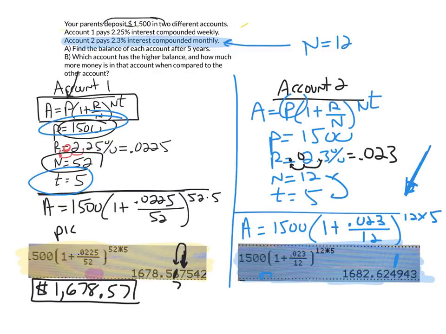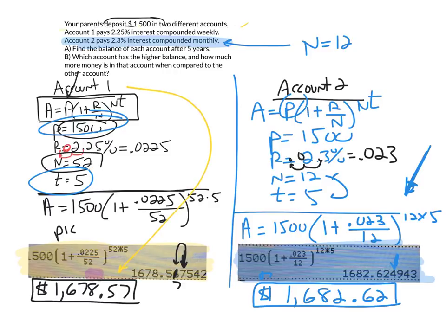Here the third decimal place is 4, so that's going to keep this value as is. So here the balance is $1,682.62. So account 1, we have our balance. Account 2, we have our balance. And now what we need to try to figure out is which account had the higher balance.